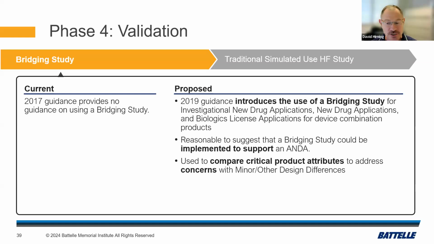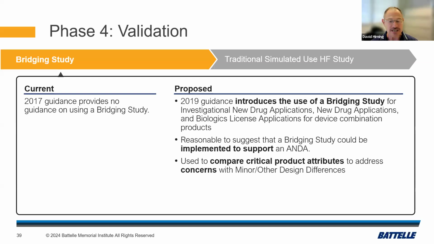The purpose of a bridging study is to establish scientific relevance of information. That information may have come from an earlier phase of the development program. It may have come from another development program, or it may have come to support the combination, but in the end, it's to support the combination product as being safe and effective. The intent is to compare.